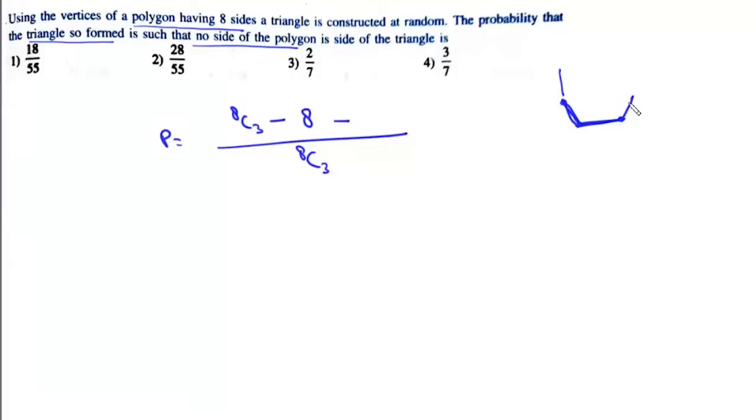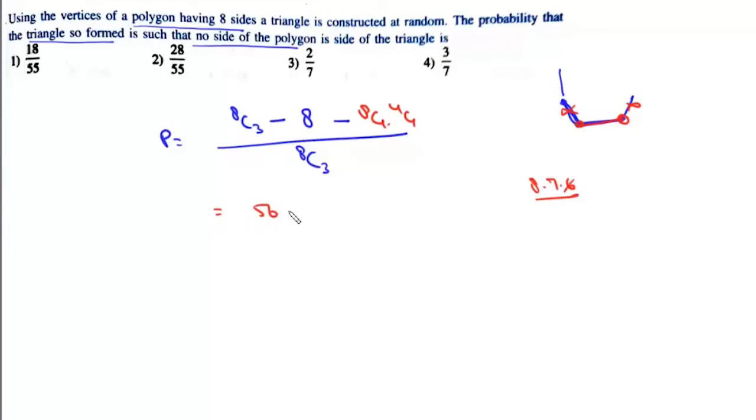Now minus, and then in this case, when exactly one of the side is common, now we can select any one side in 8C1 ways. Now we cannot select these two. So that means from the remaining 4, we have to select any one, and that can be done in 4C1 ways. Now 8C3 is 8, 7, 6, and this is 3 into 2.